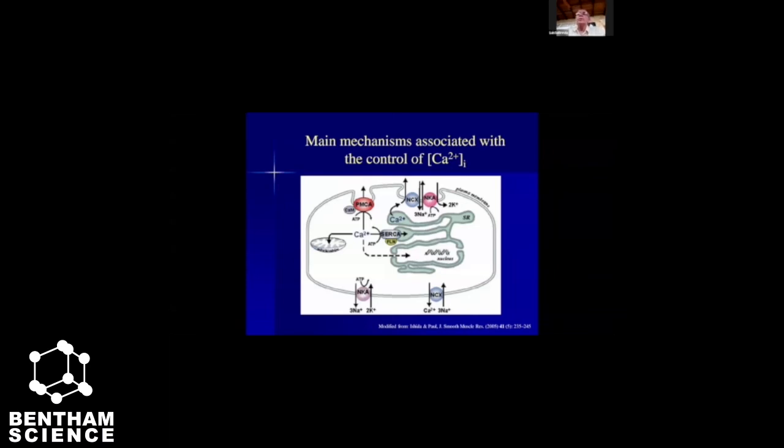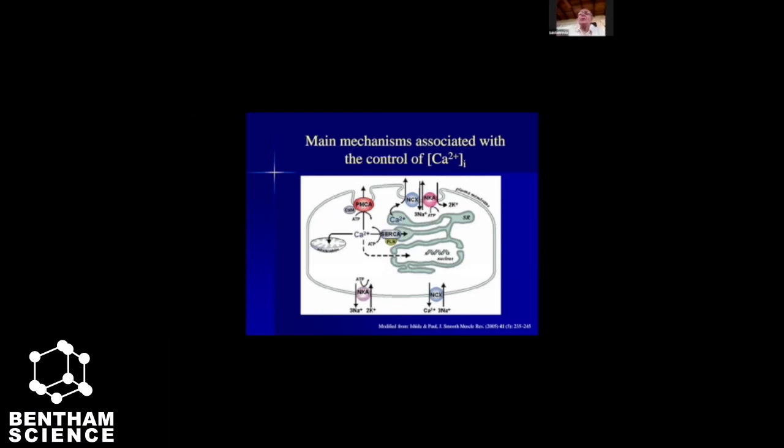In this cartoon, we can see that the intracellular calcium concentration is controlled by the plasma membrane calcium ATPase, the sodium calcium exchanger that uses the sodium gradient created by the sodium potassium ATPase to extrude calcium outside the cell.